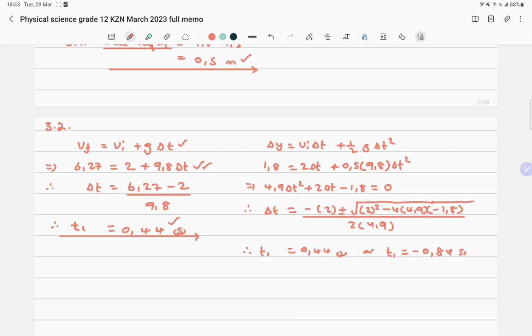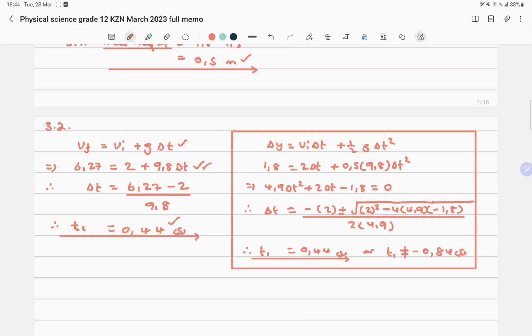T1 cannot be a negative number, so you would still choose the positive one. So I guess the extra mark is for rejecting something and accepting something. That's just my feeling. Maybe this is why they said 4 marks, because they probably thought about it in this way only.